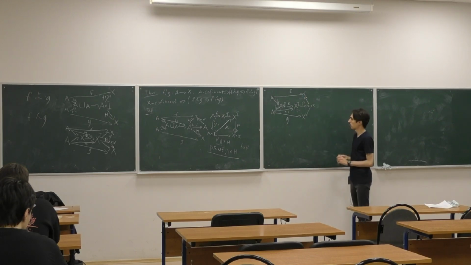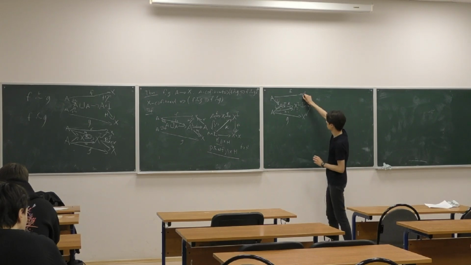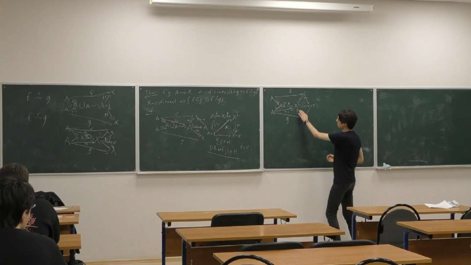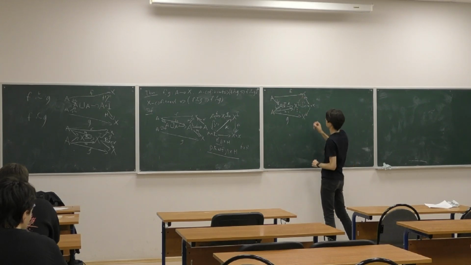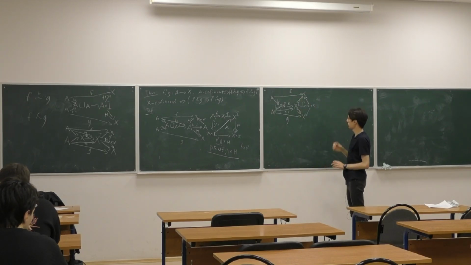Pushout property of X times X. Why do we have these two arrows?